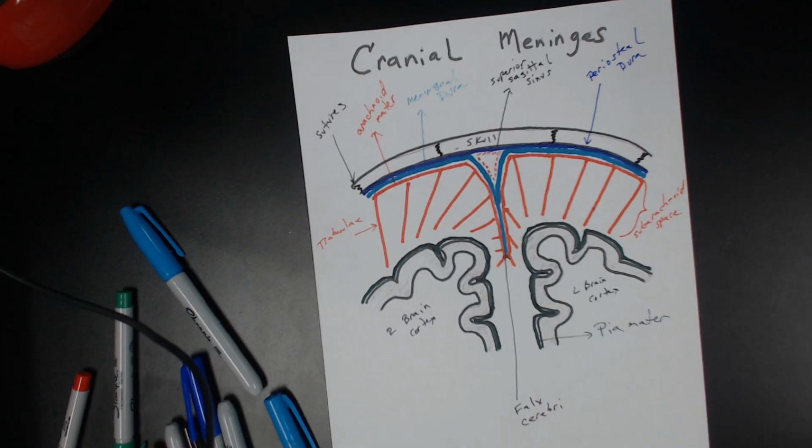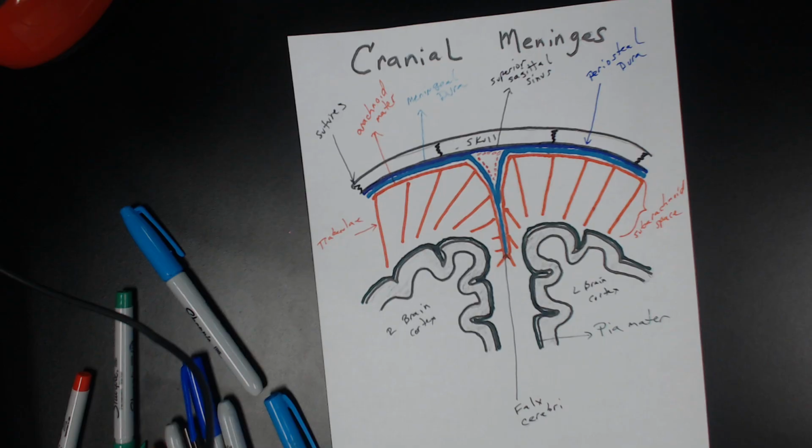Okay. Yes. So do the trabeculae attach to the pia mater? No, they don't attach. They're just there to maintain that space. Is that your question? Okay. So the pia mater and the arachnoid matter are really fine. They're not like a tough membrane.